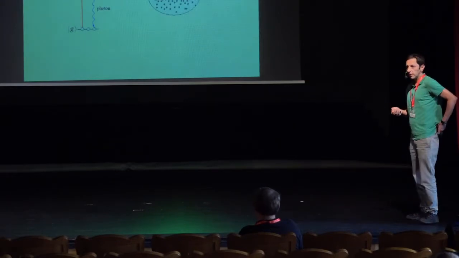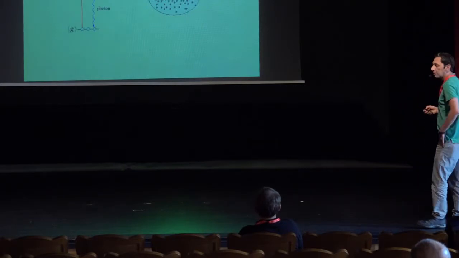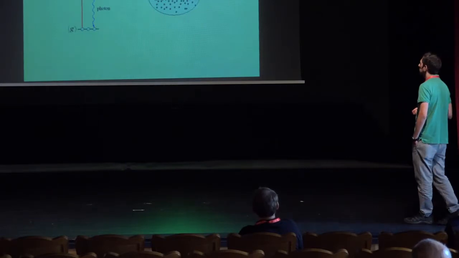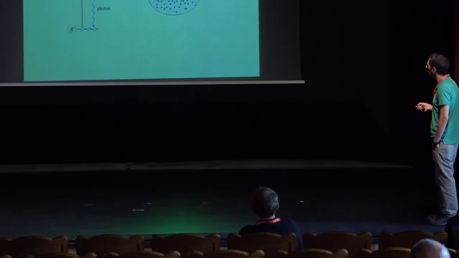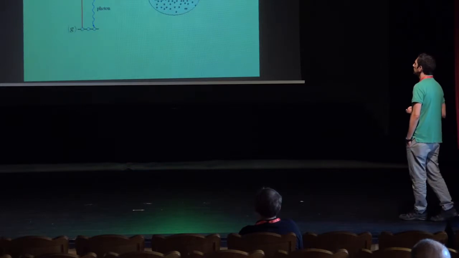And then the other scheme you already heard from Tilman, and that combines the ideas of a single emitter and a large atomic ensemble. You take a large atomic ensemble, put all the atoms in a small enough volume, but you still make sure that the optical depth is large.